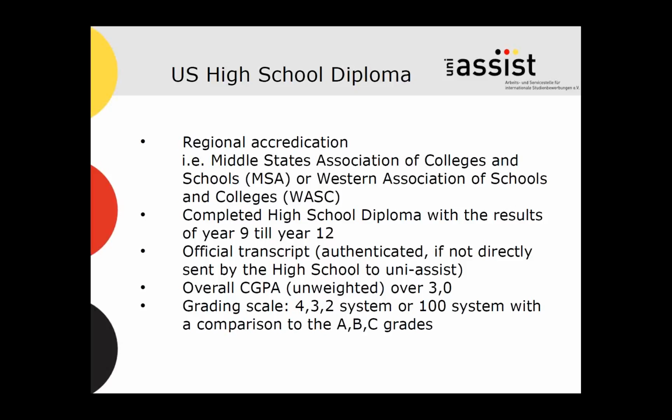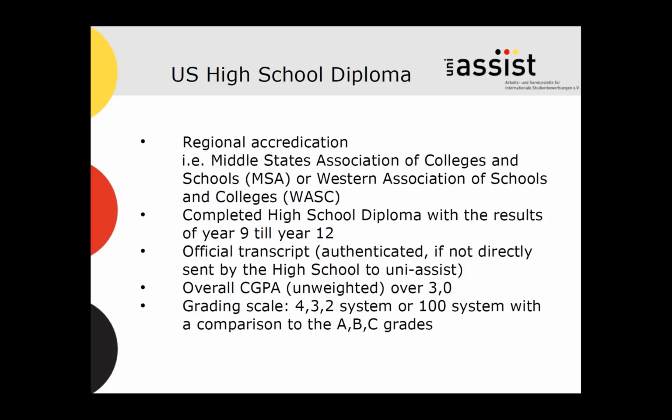As an example, we have MSA, Middle States Association of Colleges and Schools, or the Western Association of Schools and Colleges. We need a transcript with grades and subjects from the last 4 years, from grade 9 to 12, also with the certificate.